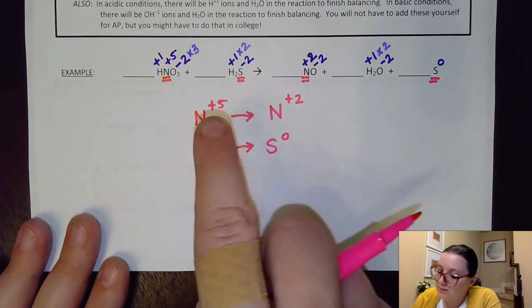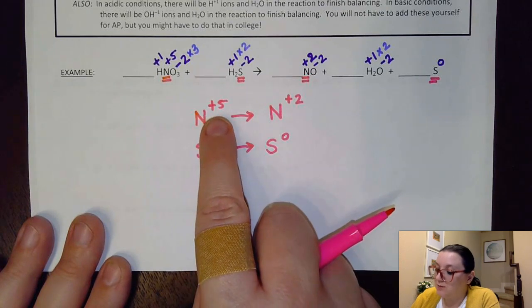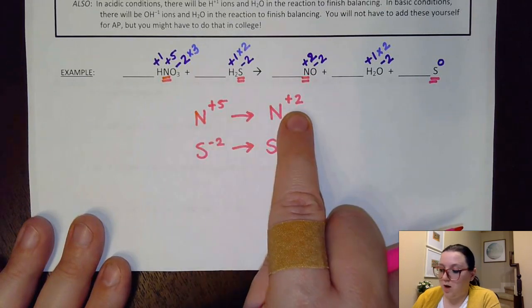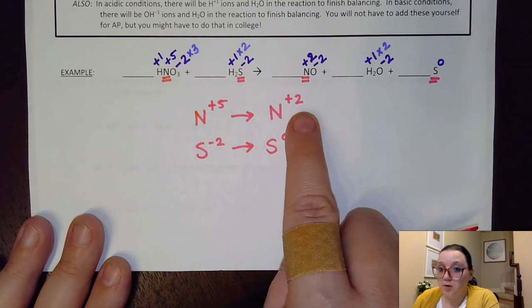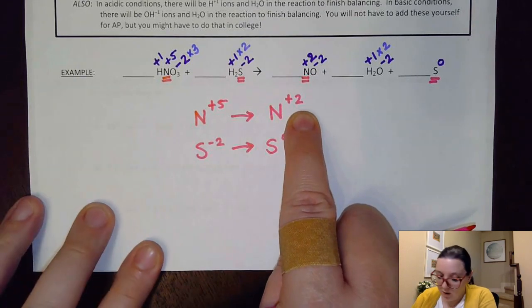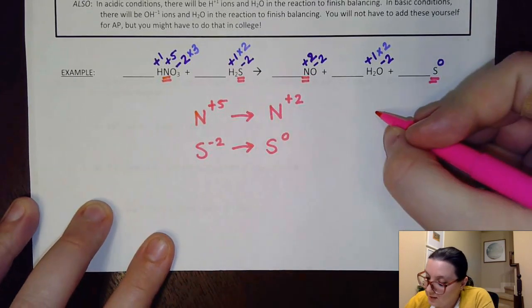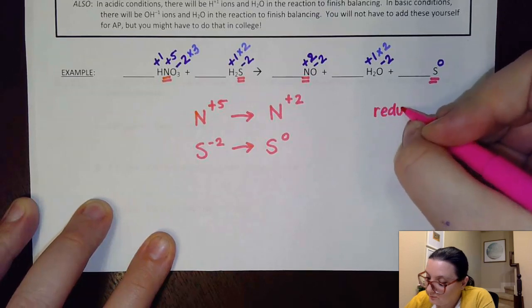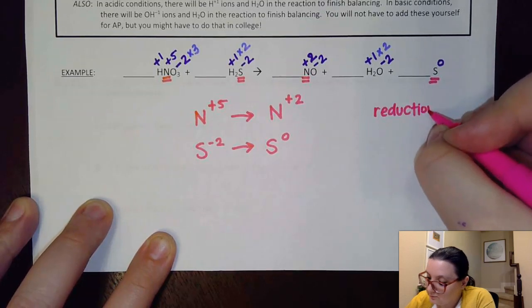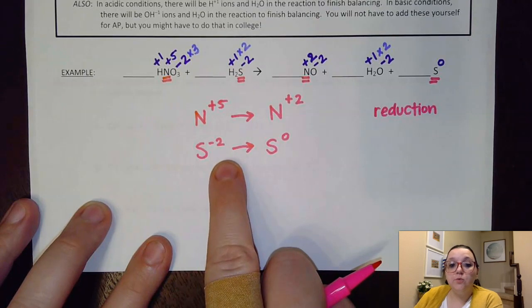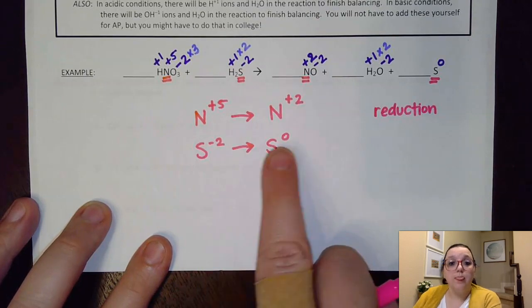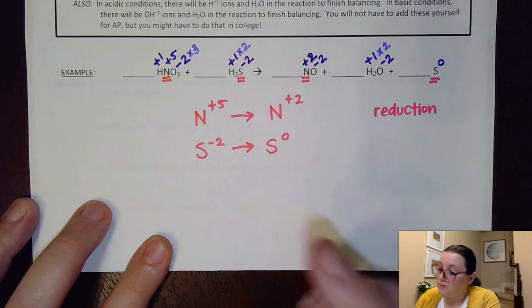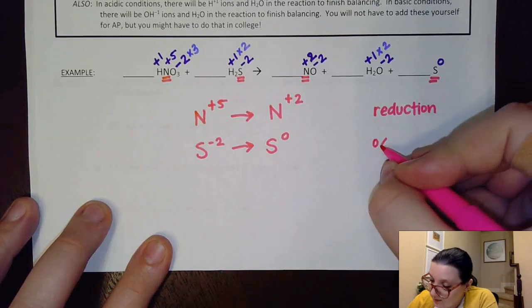If I notice the nitrogen is going from a +5 down to a +2, that's becoming more negative, and so therefore I can assume that this is my reduction. For the S-2 going up to 0, that's becoming more positive, and so I can assume that that's my oxidation.